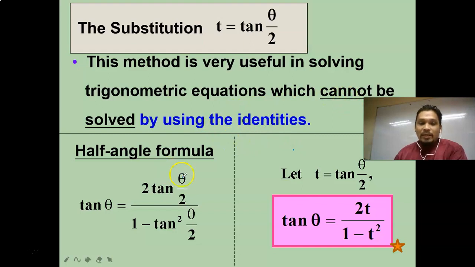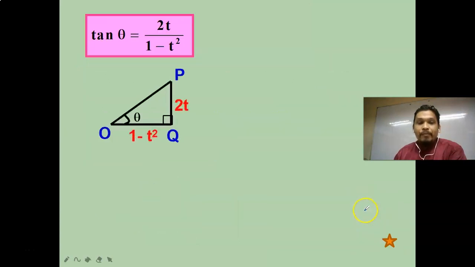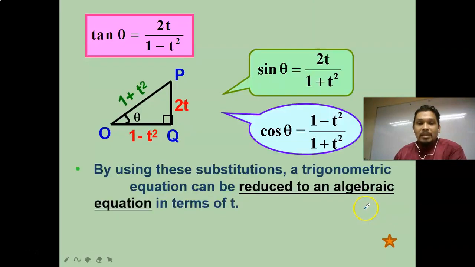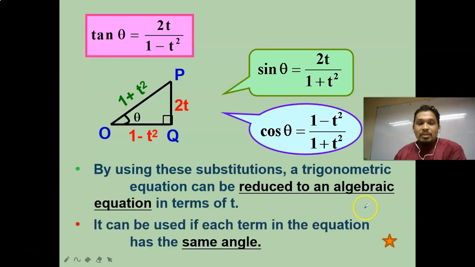So using the half angle formula, let t equal tangent theta over 2. Then we simplify as this one, 2t, and this one here. By using this substitution, a trigonometric equation can be reduced to an algebraic equation of t. It can be used when each term in the equation has the same angle.